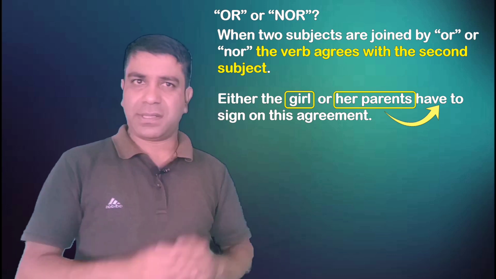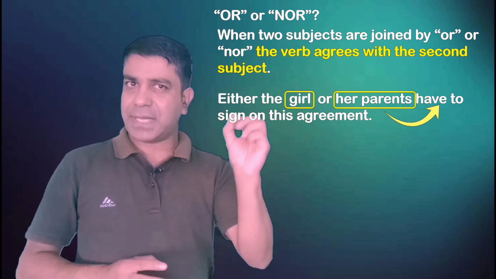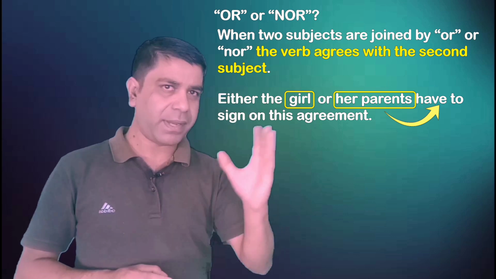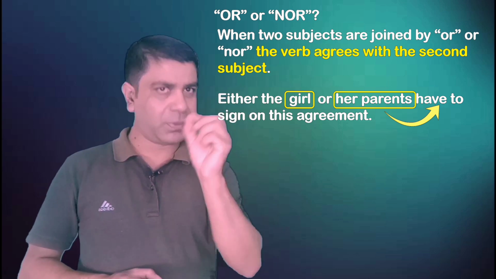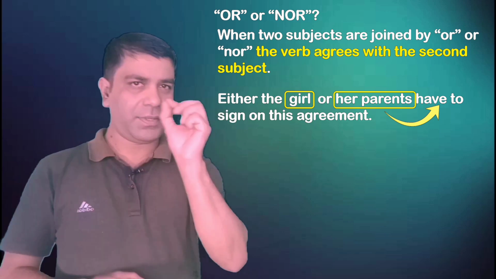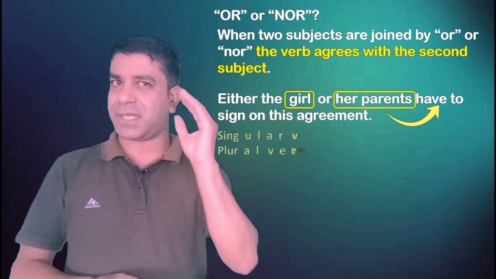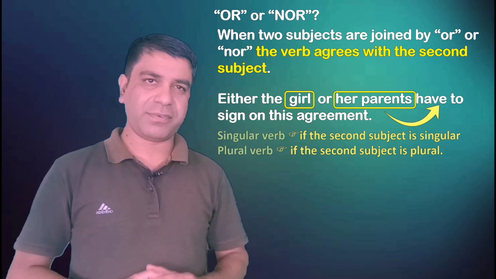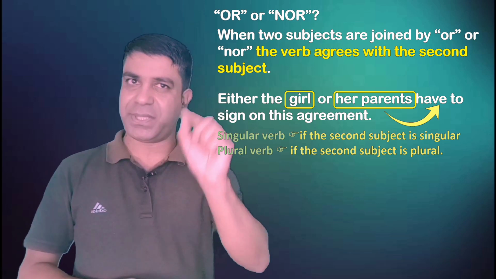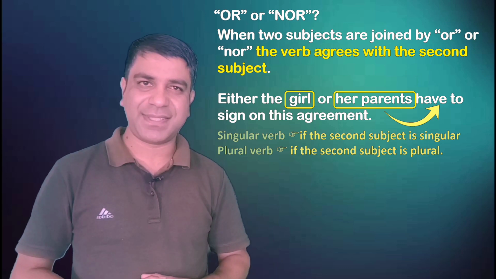So parents is followed by a plural verb have. Use a singular verb if the second subject is singular in number and plural verb if the second subject is plural in number. Isn't that very easy?